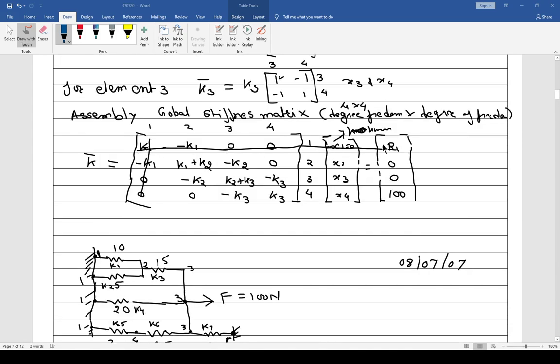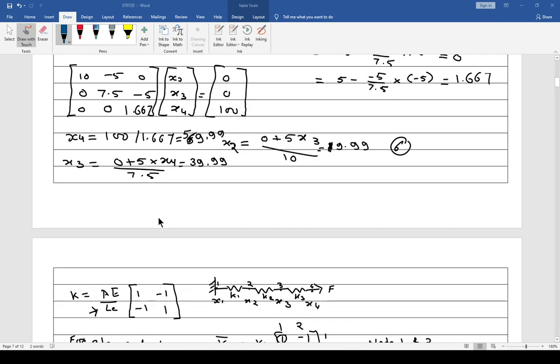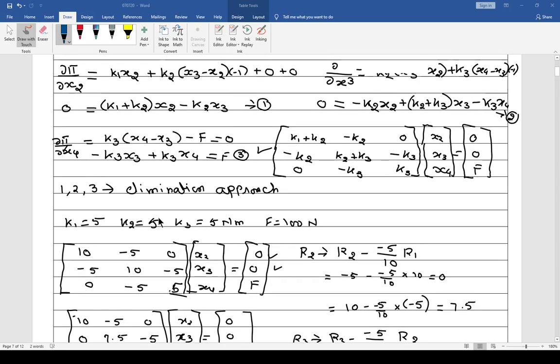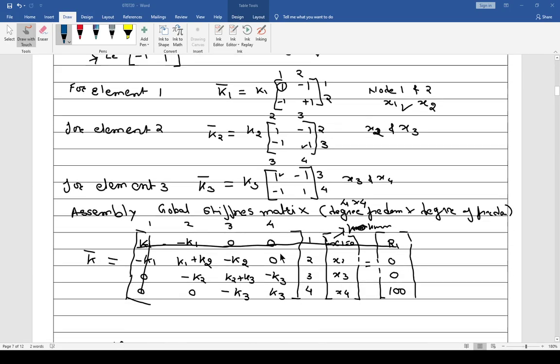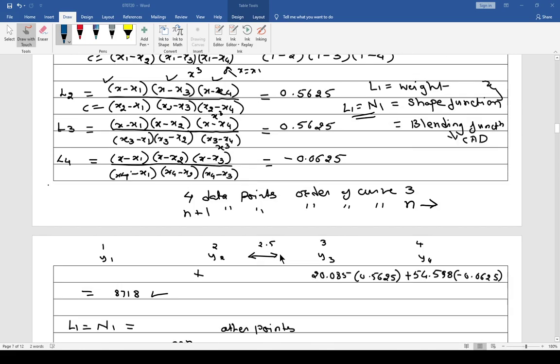This was the elimination approach since it is known. If you missed this lecture, please watch how I eliminated the first row and the first column. In these two numericals I have taken the elimination approach, and the derivation also I have taken. So you could watch those previous lectures if you were not present.